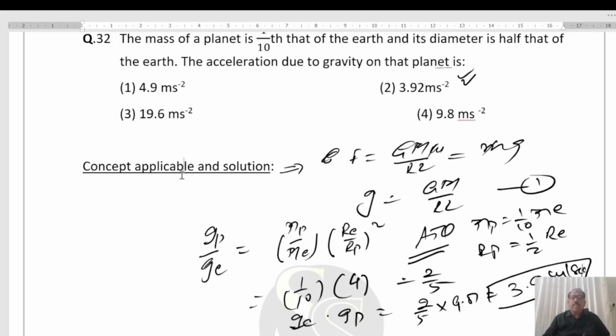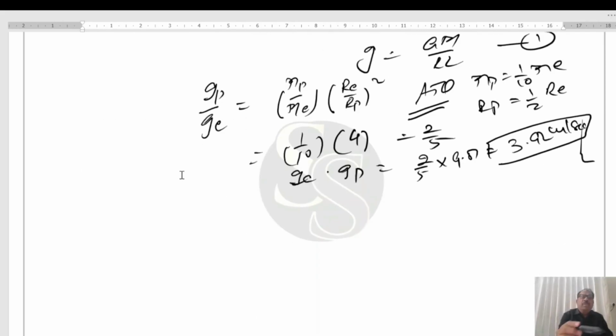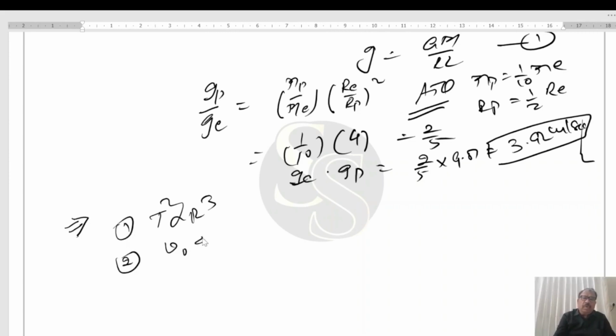Additional information, which will be useful for NEET, CUET, entrance examinations, etc. You know Kepler's law, T squared is proportional to R cubed. And v_0 and v_e are independent of the mass of the body or satellite.